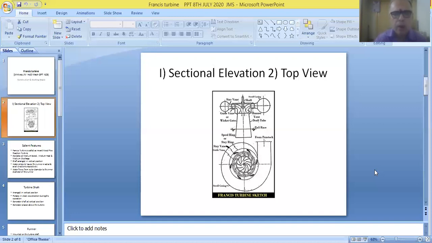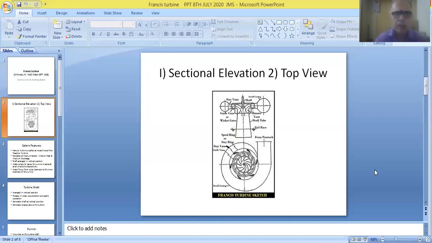That is called a runner, and a number of blades are fitted around the periphery of the runner, between the inner diameter and outer diameter of the runner.